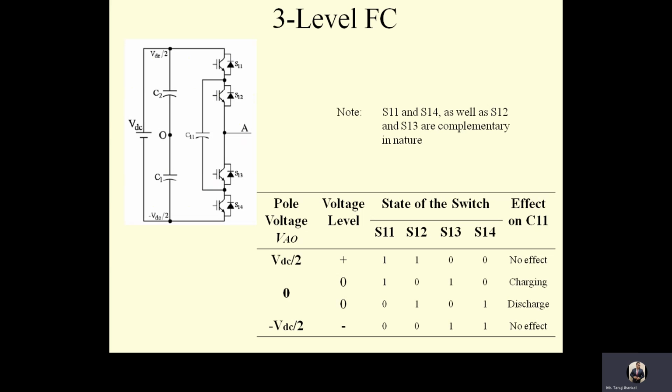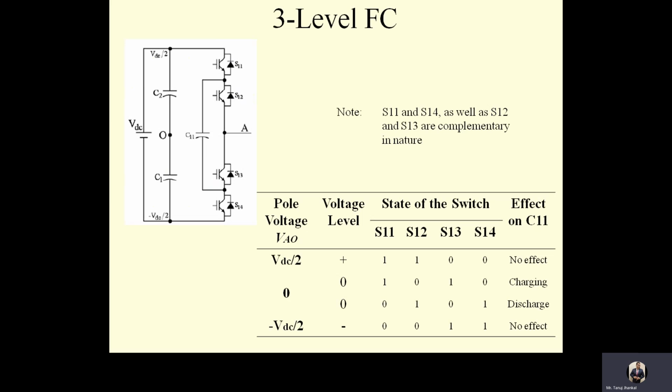And similarly the other way is by switching on S12 and S14. So when I move from A point to this point, as it is short, I have to come from here to here. When I go from A to S12 and from S12 to C11, I will observe plus VDC by 2 voltage.